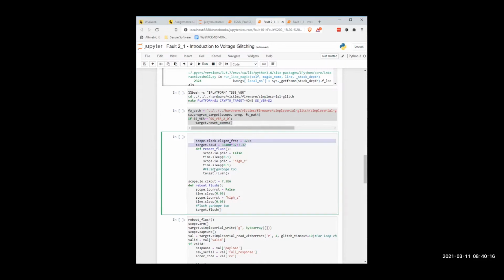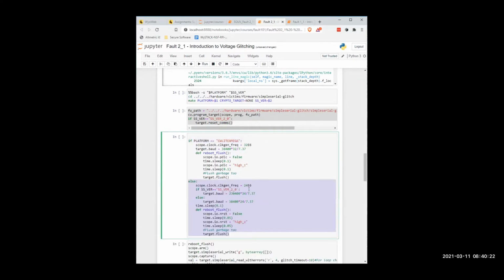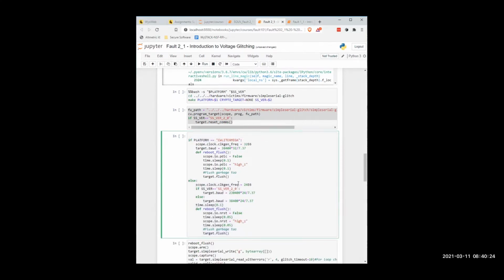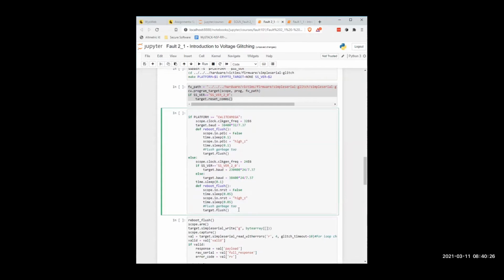So let me go back. This was the code in that cell, all right? Since we know we're dealing with the chipless per nano, get rid of everything here. That'll be the same. Yeah.